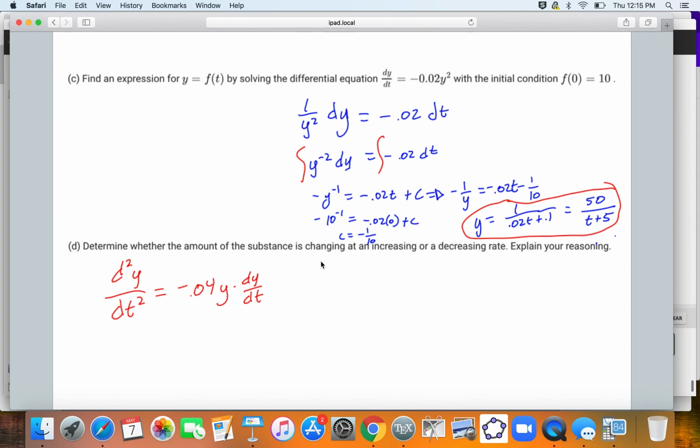But we can just replace that dy/dt with our original expression for dy/dt, which was negative 0.02 y squared. And then multiplying that out, we get 0.0008 y cubed. So that's our second derivative.